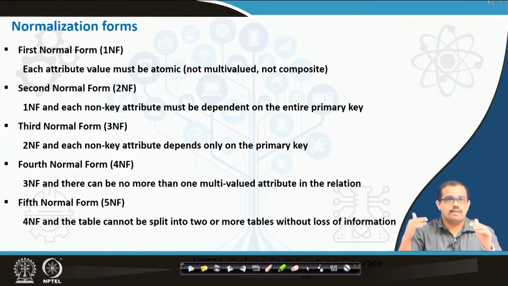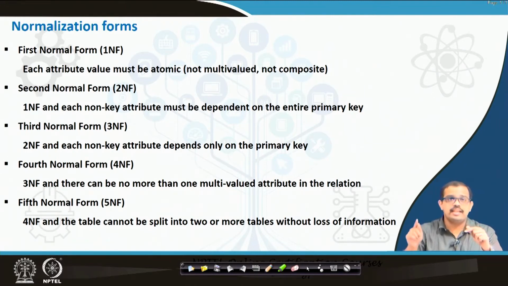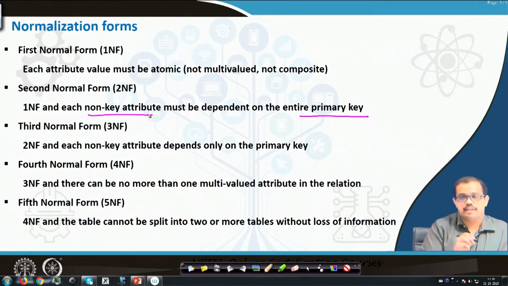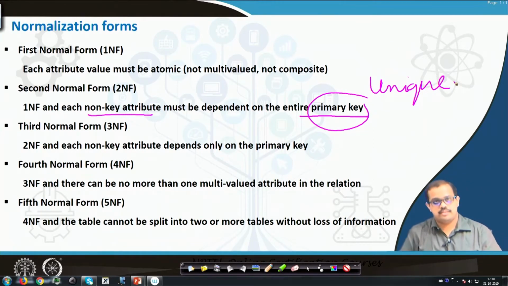When I say second normal form, the main condition is that your database first should be in the first normal form. Once your database is in the first normal form, all the non-key attributes must be dependent on the primary key. Now please understand the usage of primary key and non-key here. When I say primary key, it is a unique key which is uniquely identified in the entire database, correct.